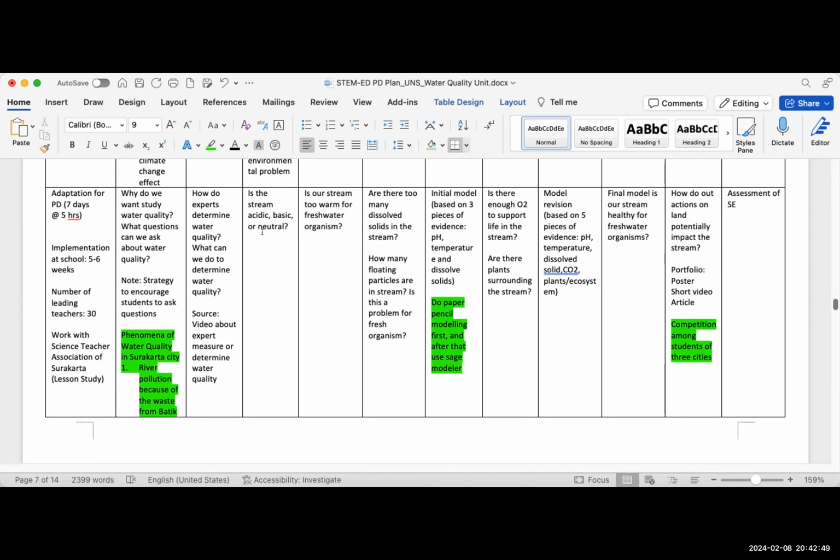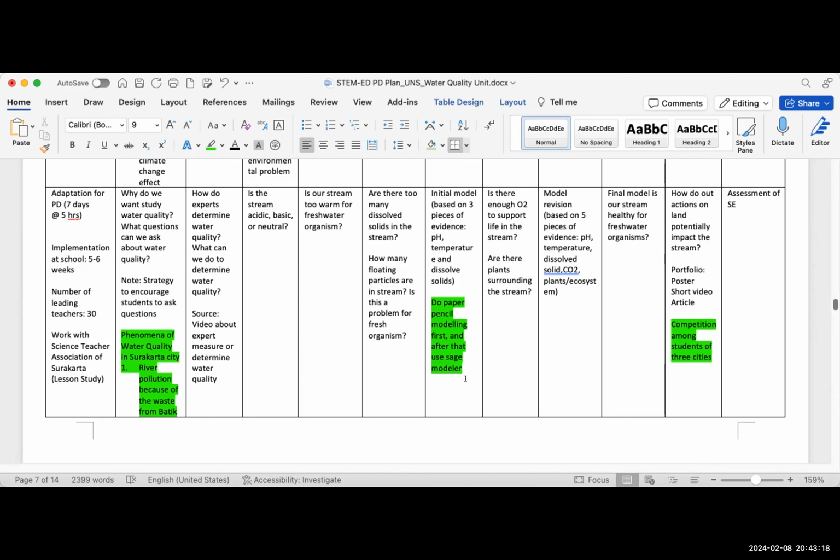Then we go to experiments on acid pH, then the influence of temperature and the dissolved solids in the stream. After that, we ask the participants to do paper pencil modeling first and then go to Sage Modeler. Why do we choose paper pencil first?